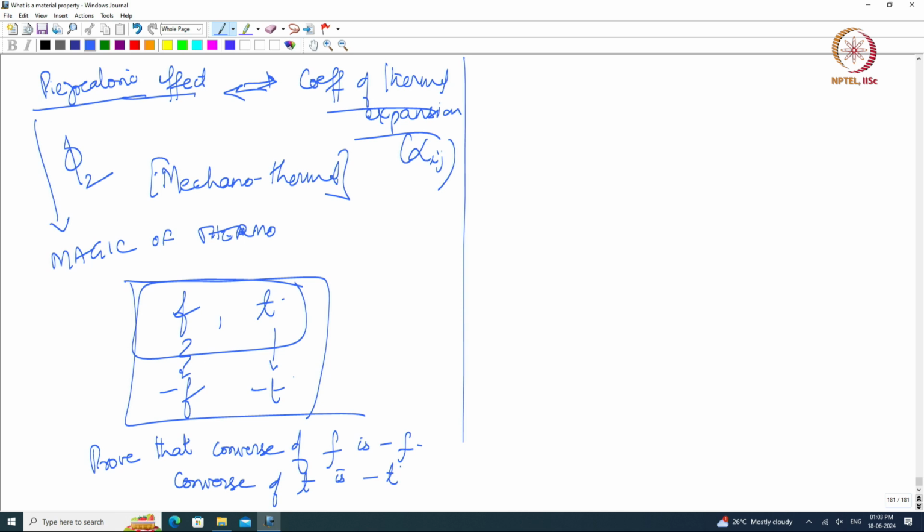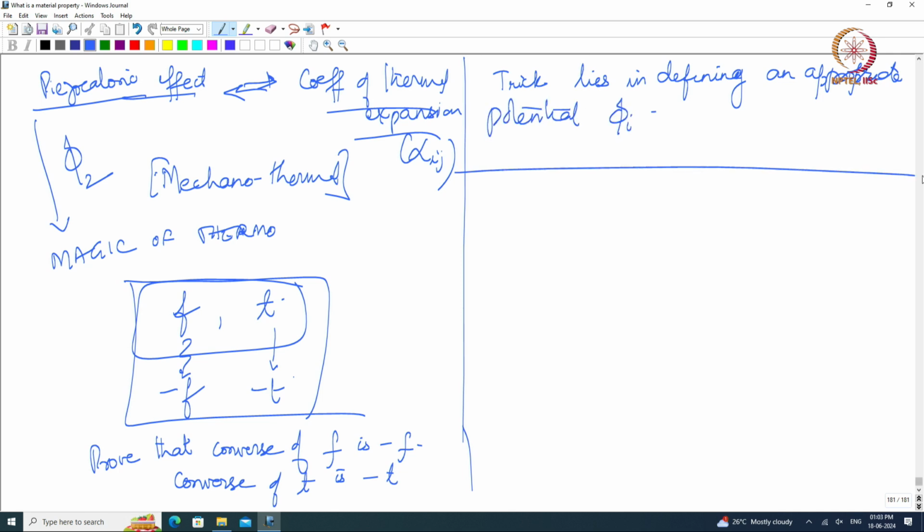So you need to define another potential here. The trick lies in defining an appropriate thermodynamic potential phi I. Okay. So to show that. Okay. So this I am not going to do in class, but I guess you can do it, or if the assignment format permits, we will try to give this in the assignment.